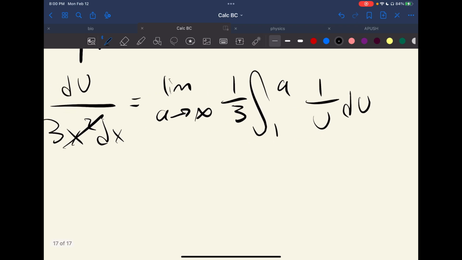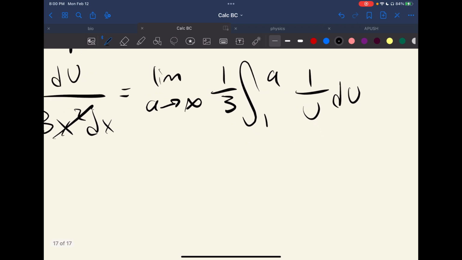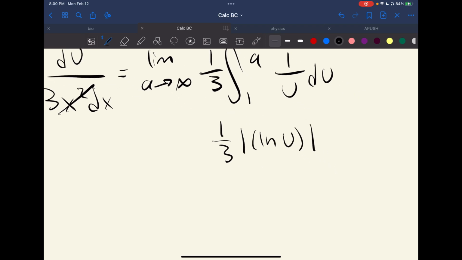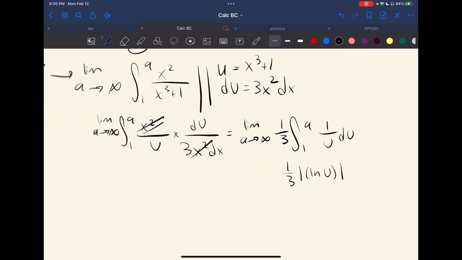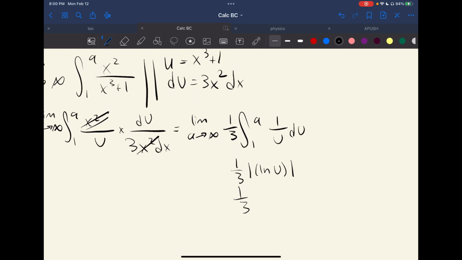The integral of 1 over u is just going to become natural log. So we're going to get 1/3 the natural log of u. Then we sub back x cubed plus 1 for u, so 1/3 natural log of x cubed plus 1. And then we're going to evaluate it from 1 to a, and remember, limit as a approaches infinity.